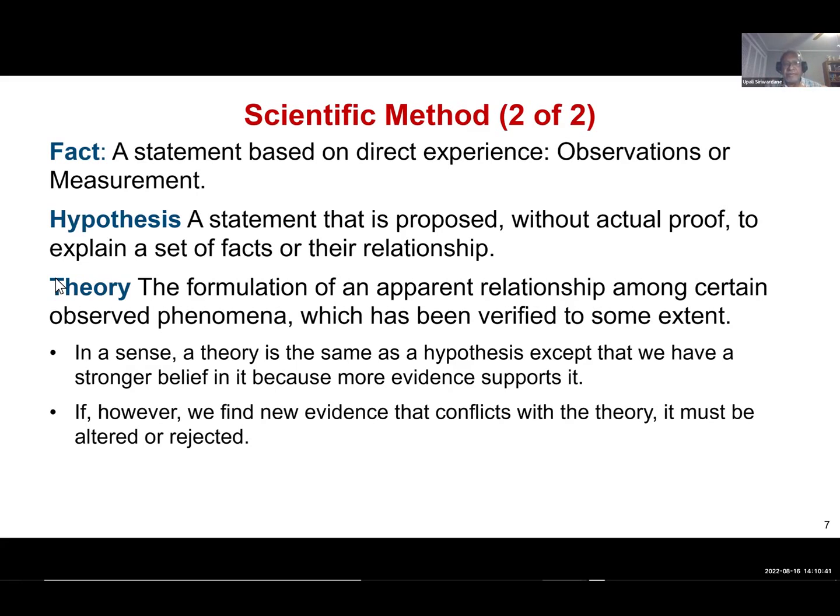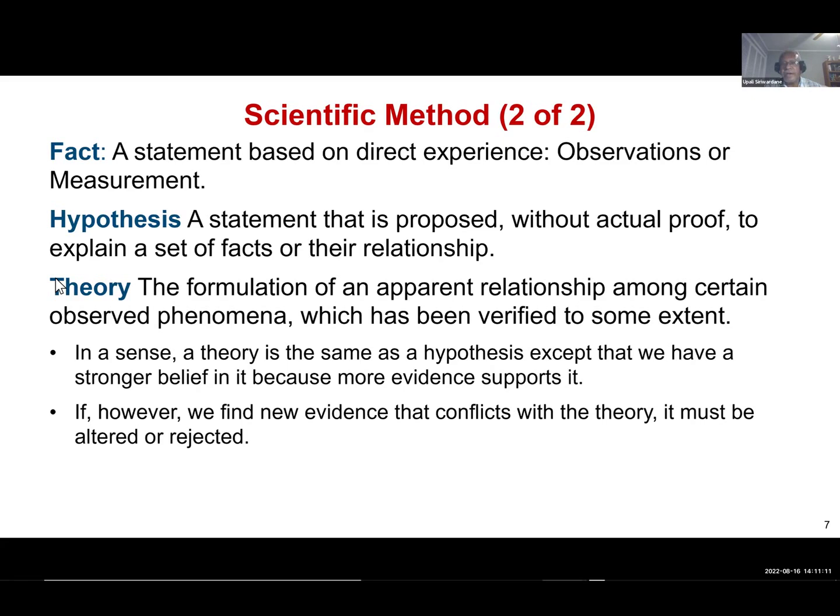Where do facts fit in the scientific method? Facts come out of observations. Measurements are observations. Observation is a fact. And also measurements are facts. And what is a hypothesis called in the scientific method?